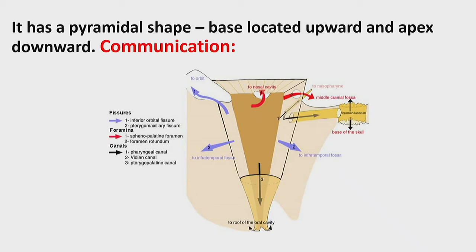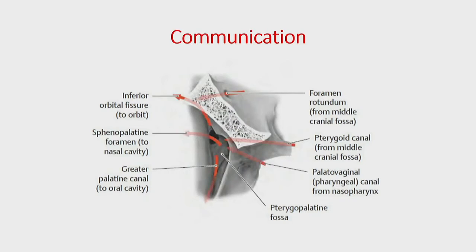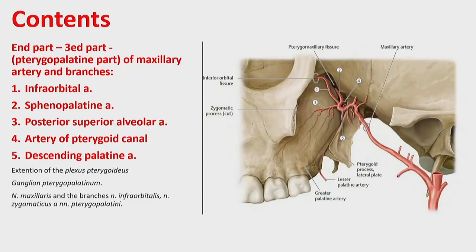There just passes the ending branch of the maxillary artery and extension of the pterygopalatine fossa. I'm not joking, so this is the student that I'm taking to the Alcatraz, the pterygopalatine fossa.